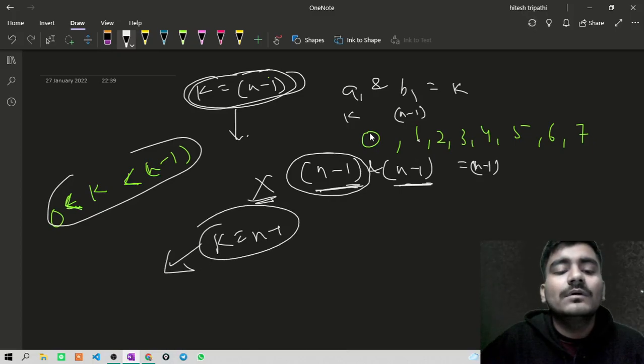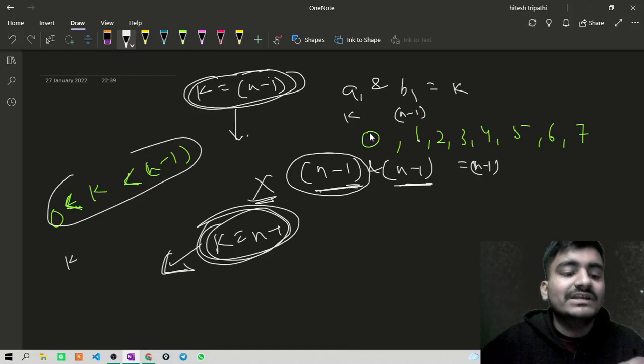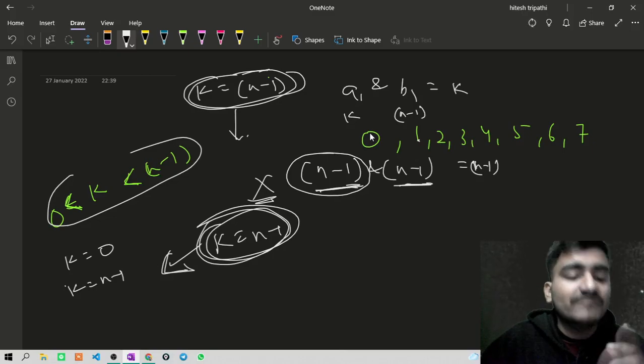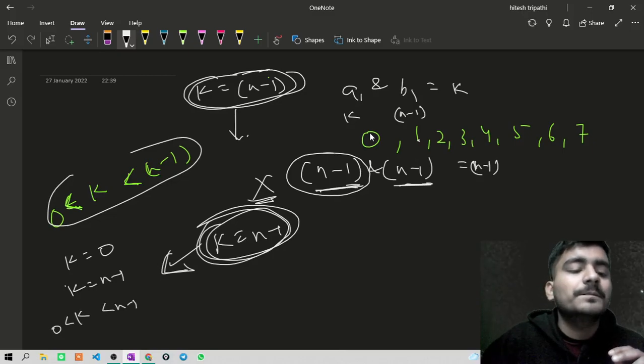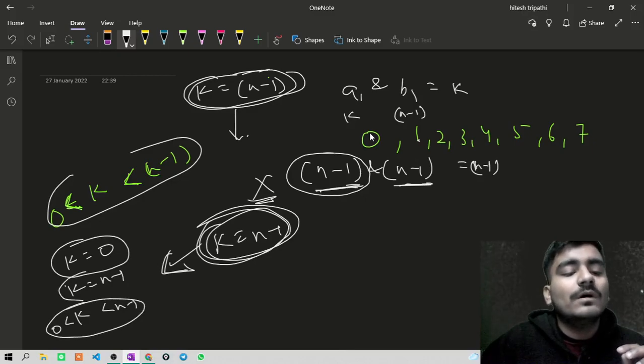I have to make a separate case for this value. Okay, so now in total I'll be having 3 cases: when k is equal to 0, second case when k is equal to n minus 1, and third case when k is greater than 0 and less than n minus 1. We have already discussed for this, we only have to discuss for k equal to n minus 1.